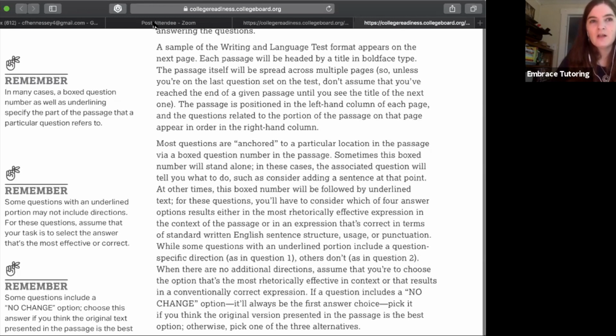Okay, so you want to approach it line by line in many cases, and spend most of your time on the questions, which is what you should do for any section of this test.